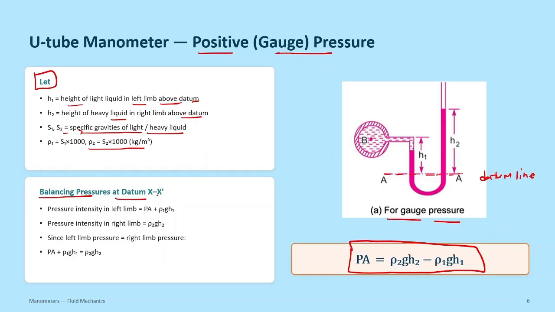Balancing pressure at datum, you can say A here. So the pressure intensity in the left limb is PA, the pressure at this point, and for this tube of the left limb, the pressure is rho 1 g H1, meaning the density of the fluid in this column is rho 1, with gravity g and height H1.